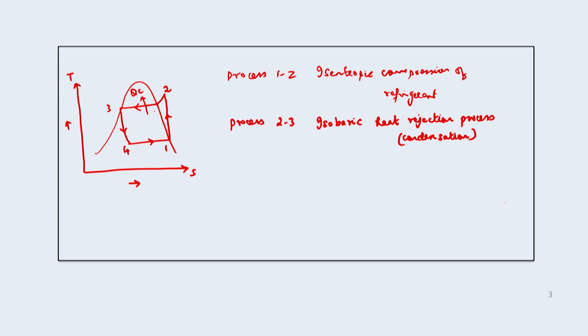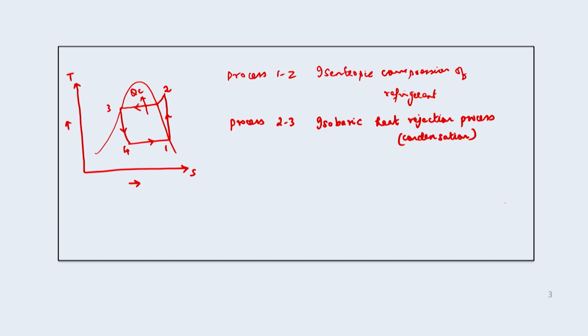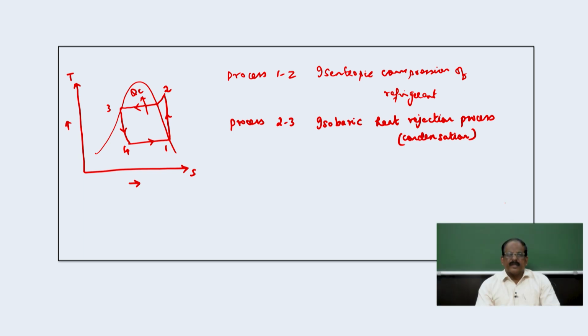Otherwise, there is no specific state point for this, and the condensation starts from this point and ends at state number 3. So the process is from 2 to 3. During the phase change, when the refrigerant vapor is getting converted into liquid, it is isothermal. Otherwise, 2 to 3 is an isobaric heat rejection process.